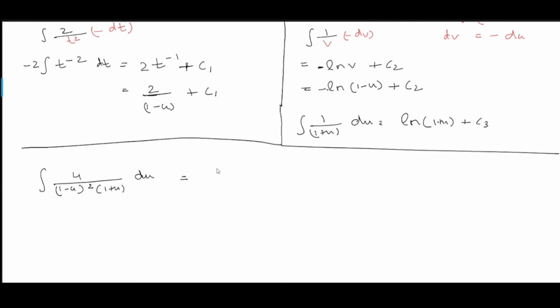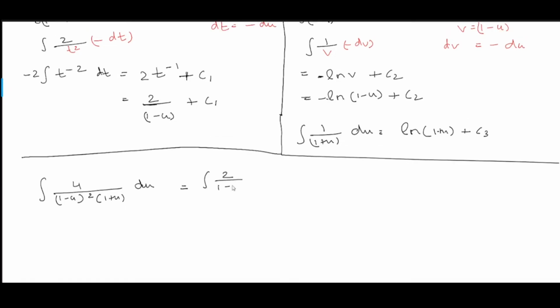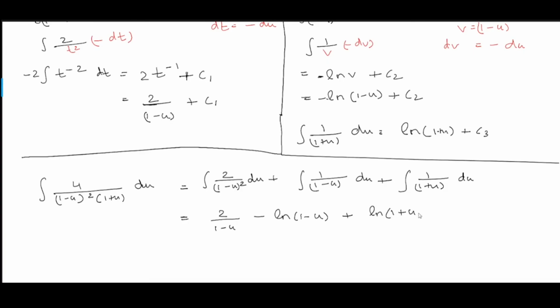And this we found out to be the integration of 2 by 1 minus u whole square du, plus the integration of 1 by 1 minus u du, plus the integration of 1 by 1 plus u du. And this is going to equal 2 by 1 minus u, minus ln of 1 minus u, plus ln of 1 plus u, plus some c4, including all the constants, right?